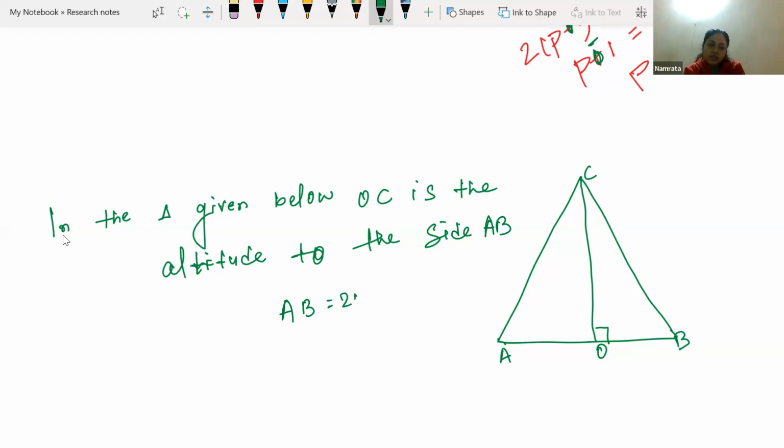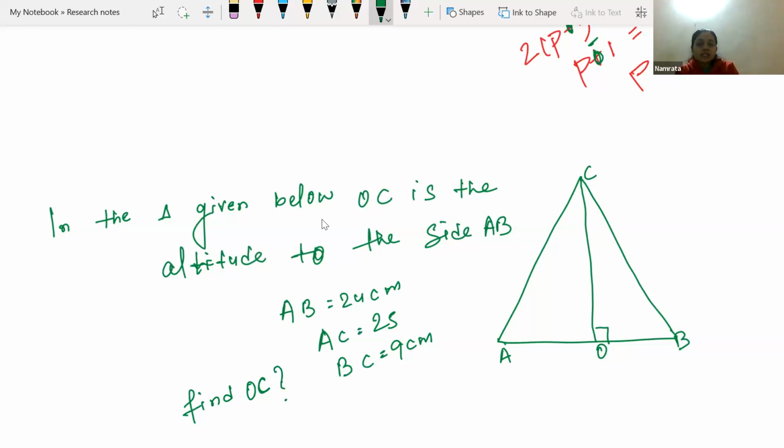AC is equal to 25 centimeters. And BC is equal to 9 centimeters. We have to find OC. AB is given, AC is given, and BC is given. Okay, we have to find OC.